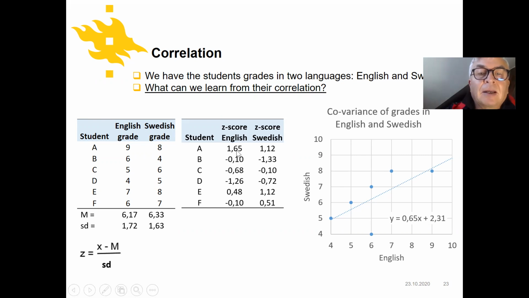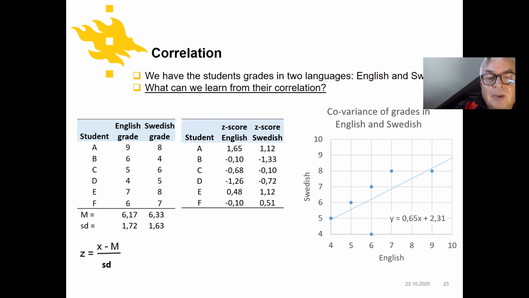So here already it would be easy for somebody to say that, okay, student A is more than 1.5 standard deviations above the average of the group. And student D, vice versa, would be slightly below 1, or 1.25 standard deviations below the group average.